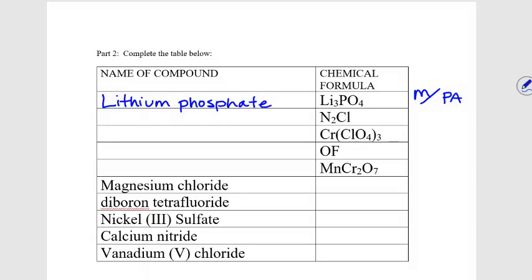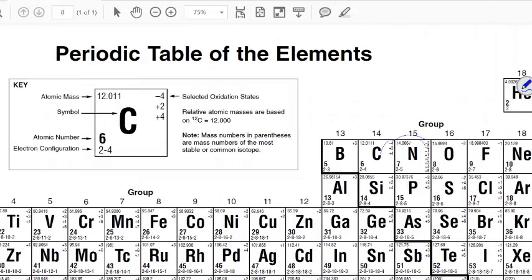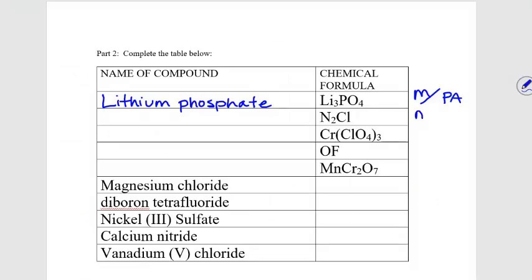Okay? And the next one, there's only 2 capital letters, so we want to identify what those are. So if we look on our periodic table, here is N, here is Cl. They are both nonmetals. So when you have a nonmetal to a nonmetal, that's when you use prefixes. So this is going to be dinitrogen because if you look at the little subscripts, there's 2 atoms of nitrogen.